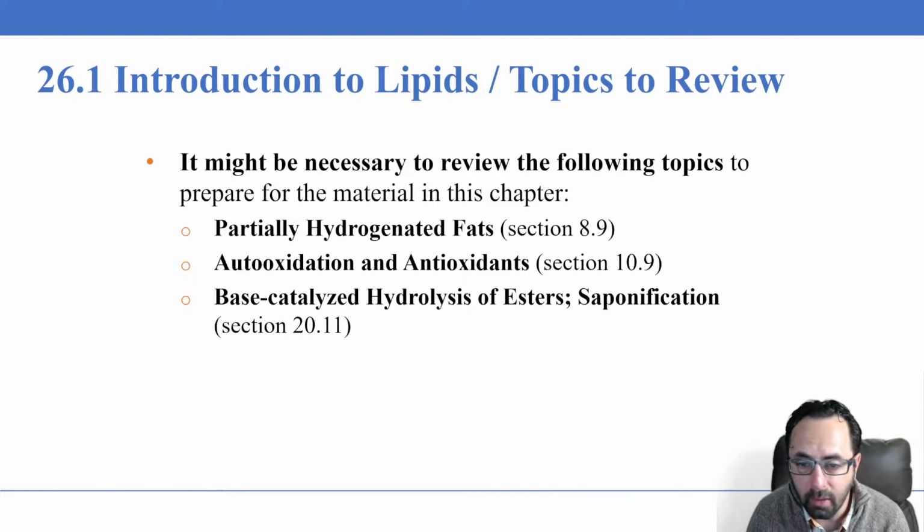While we're talking about lipids, we're going to talk about hydrogenation of double bonds, specifically in fat molecules. If you forgot about the addition of hydrogen, H2 and platinum, or H2 and nickel as it's industrially done, then you'll want to review that. You want to review the part about radical autooxidation and antioxidants. We're going to talk about the oxidation of the vinylic carbon for alkenes, carbon-carbon double bonds.